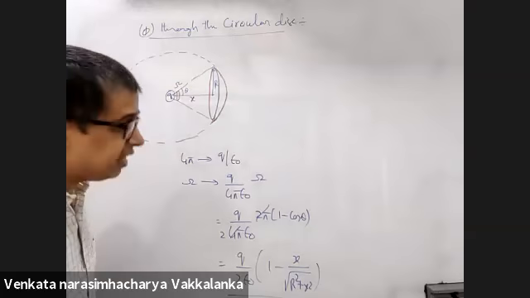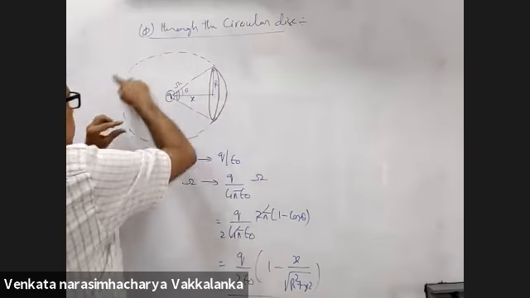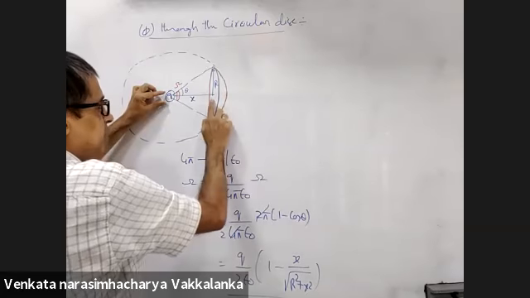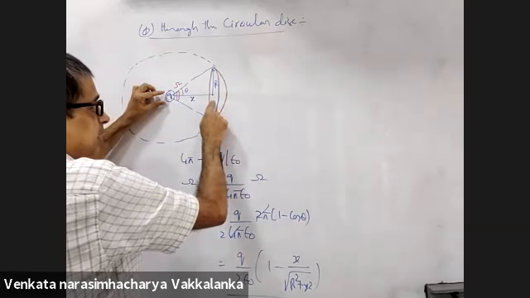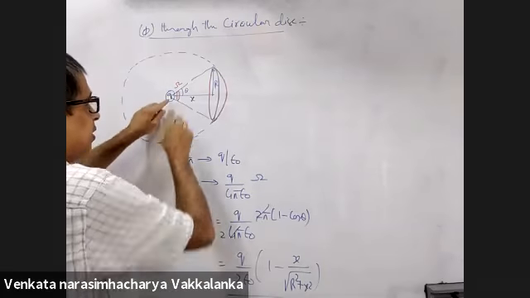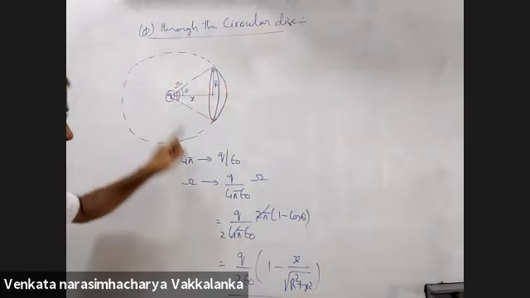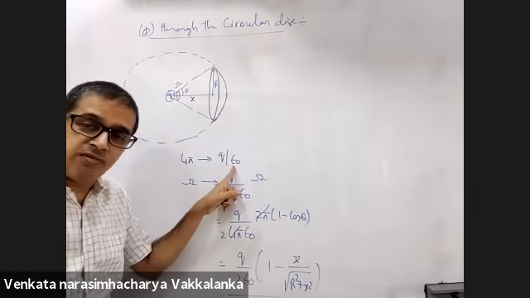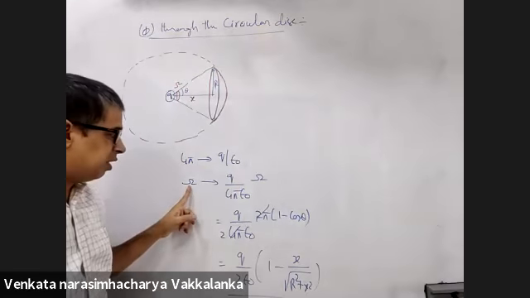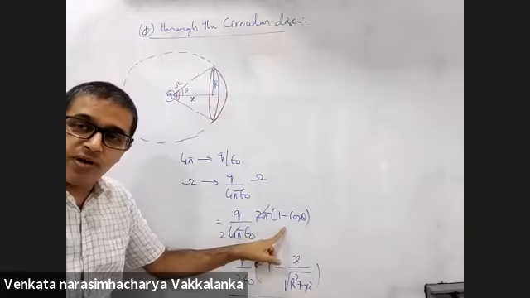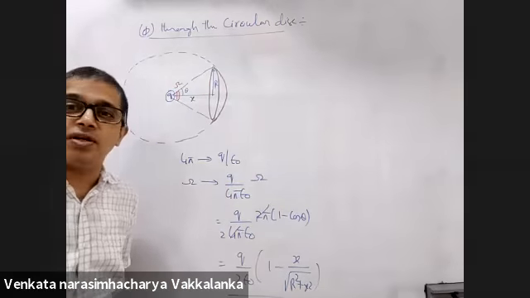All that we have done is we drew a spherical surface this way. Flux through the spherical surface and this particular disk will be the same, because both subtend the same solid angle. So unitary method: for 4 pi solid angle flux is Q by epsilon naught. For this solid angle, how much is the flux? Substitute the value of the solid angle, you get the flux through this.